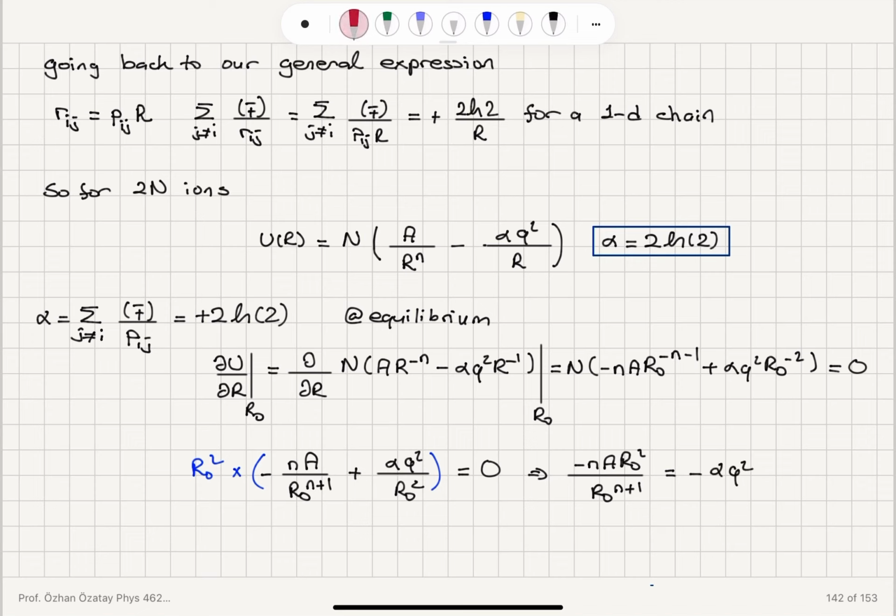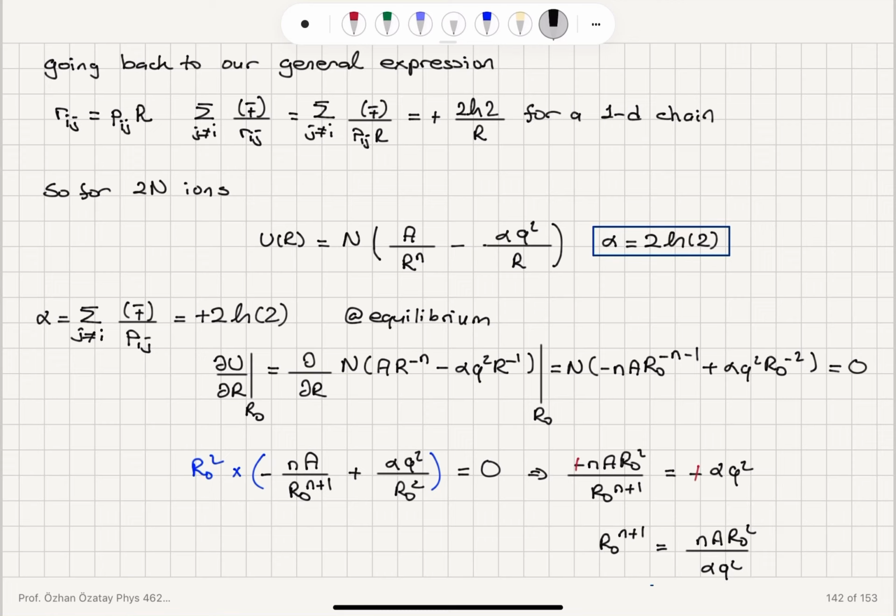The minus signs will become plus, and I will find that R0 to the power n plus 1 is equal to nA R0 square divided by alpha q square.